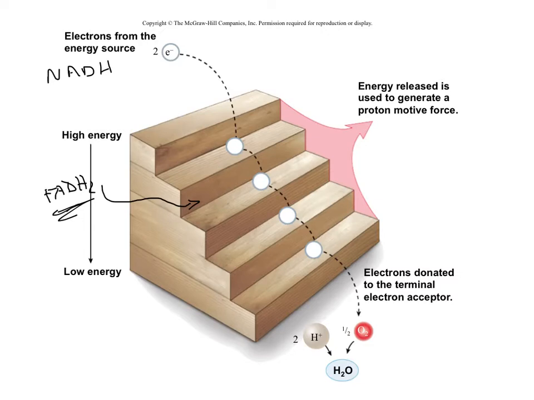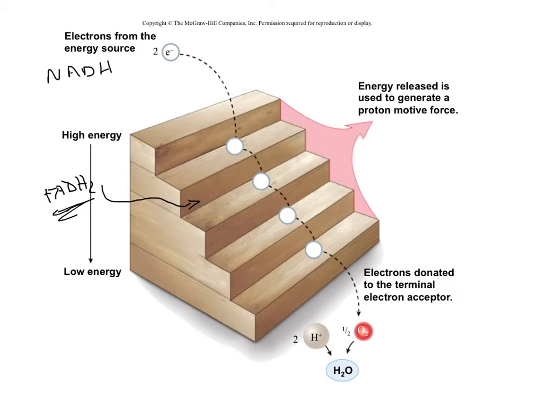So we're going to do a series of redox reactions where we oxidize our NADH, and the electrons move from one location to another, and in doing so they lose energy. They work their way down, and every time the electrons move, they go to a new electron carrier in the electron transport chain, finally ending up on oxygen to make water.